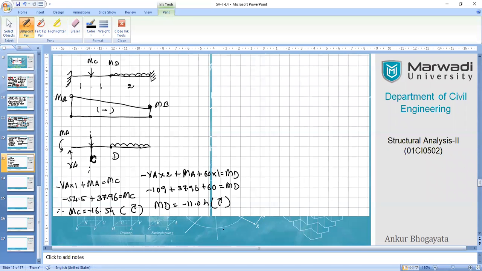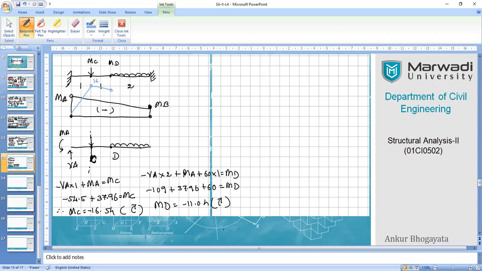So now we can plot our diagram for span moment also. Let's say this is MA, MB done already. So MC is larger than MD. So I will come here and draw it like this. Then reduce a little bit, because this is 16 and this is almost 11, so there should not be a large variation.